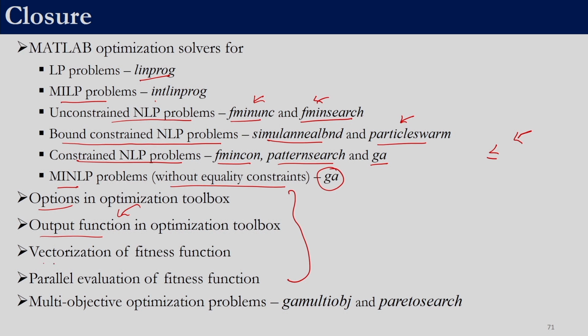We also discussed vectorization and parallel computing. Finally, we looked into these 2 functions of MATLAB which can be used to solve multi-objective optimization problems. These functions can be used only for minimization problems. So, if we have a maximization problem, we need to convert it into a minimization problem and then use the appropriate function. With that, we will conclude our discussion on MATLAB inbuilt solvers.